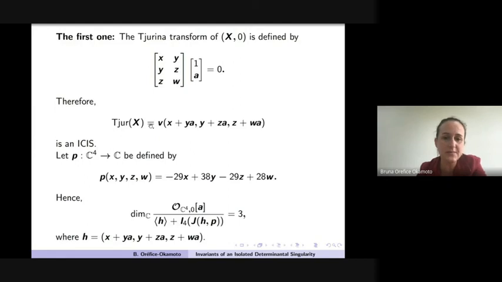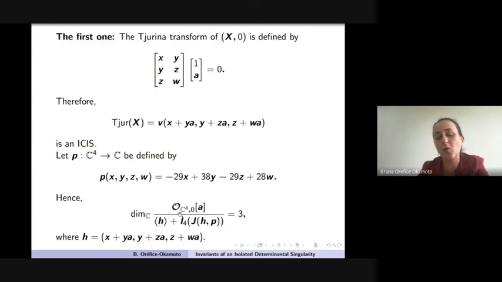It is an ICIS, and I choose a projection P, and then by our theorem, we have to calculate the dimension as a C-vector space of this thing here.